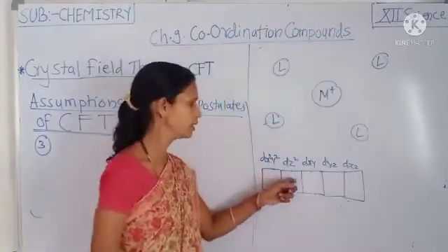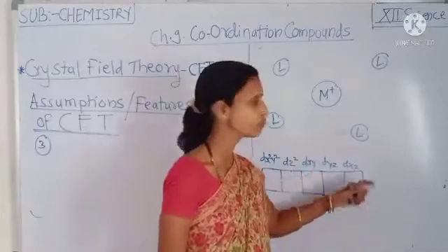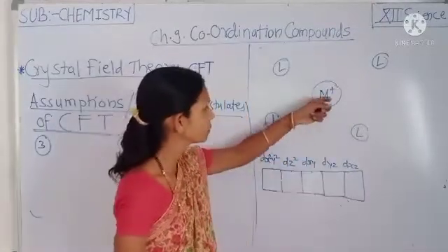These are the 5 subshells of the d orbitals of the central metal ion.